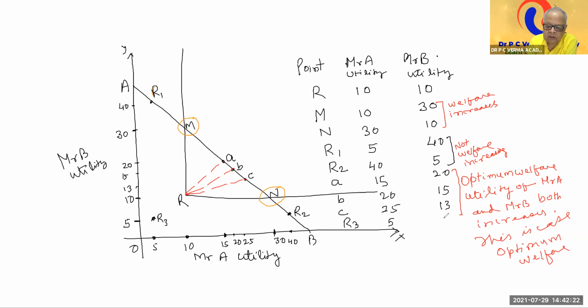R3, both from 10 to 5 and 10 to 5. This is not acceptable. Not acceptable.